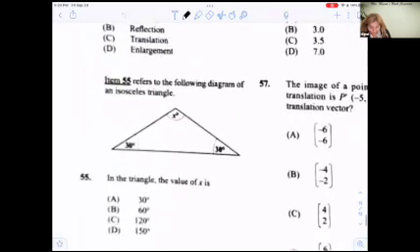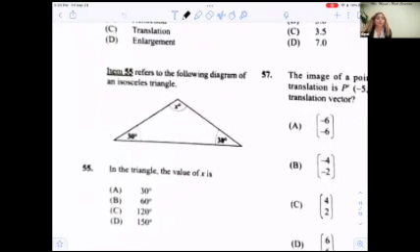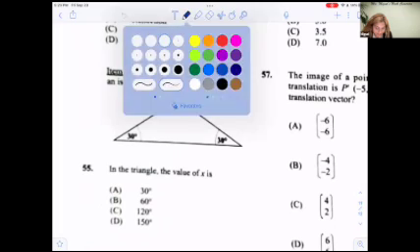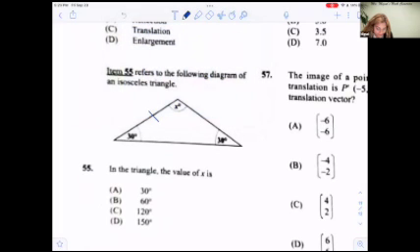All right, look at this triangle. What is the size of angle X? What type of triangle is that? It's an isosceles. What is the rule with the isosceles triangle? Two angles are equal, not so?